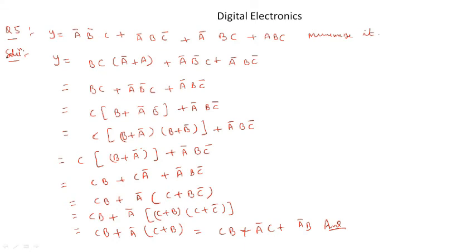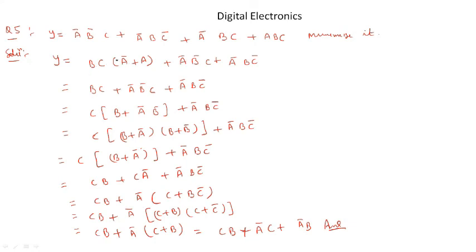The next problem is that y is equal to a bar b bar c plus a bar b c bar plus a bar b c plus a b c. You have to minimize this term. Now here you see in the last two expressions, you can see that bc is common to both these expressions, so you can take out bc.